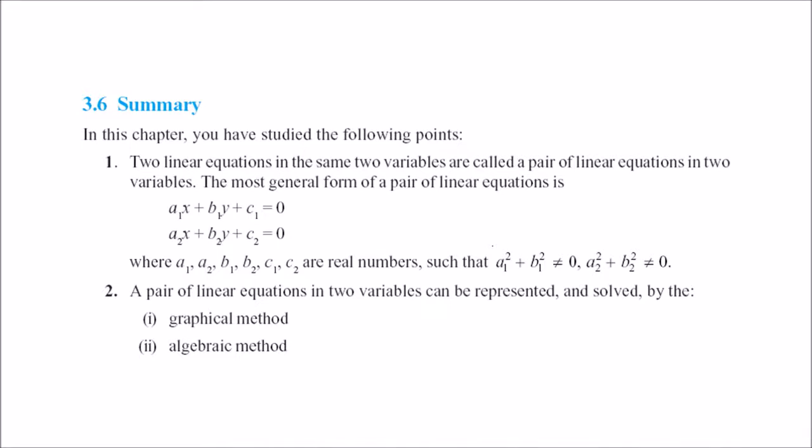Two linear equations in the same two variables are called a pair of linear equations in two variables. And the general form is like this: a1x plus b1y plus c1 equal to 0, a2x plus b2y plus c2 equal to 0. This cannot be 0. If this becomes 0, this will not be a linear equation in two variables. If you want to solve them, there are two methods: graphical and algebraic method.